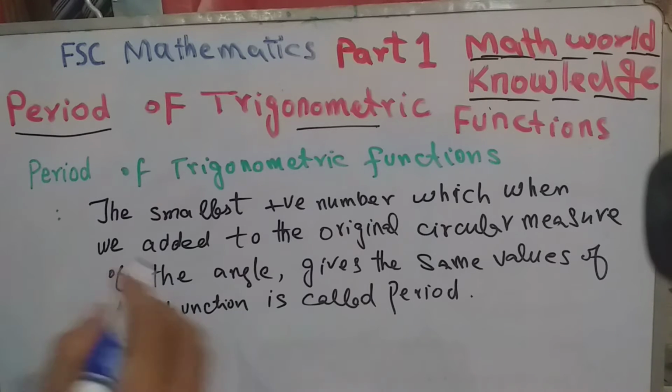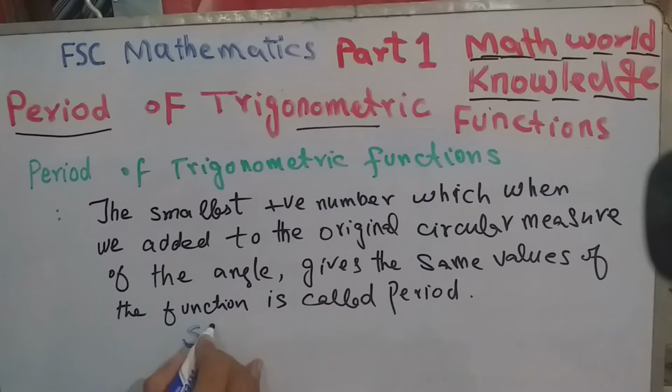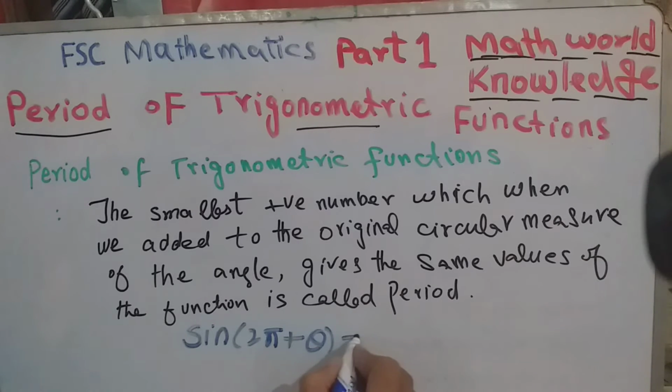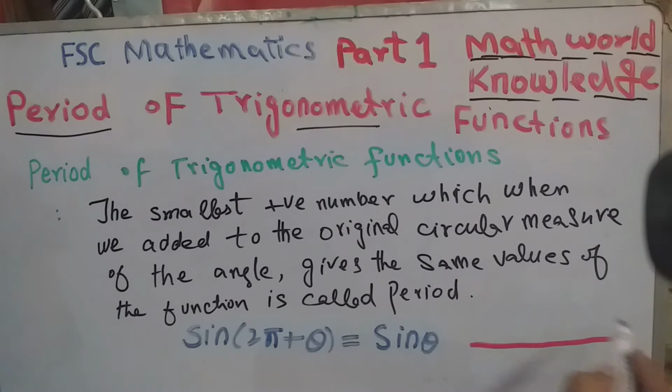it is also defined as sine of 2 pi plus theta is equal to sine theta. Student, 2 pi, you know, this one is a real line. Now this is the origin point.